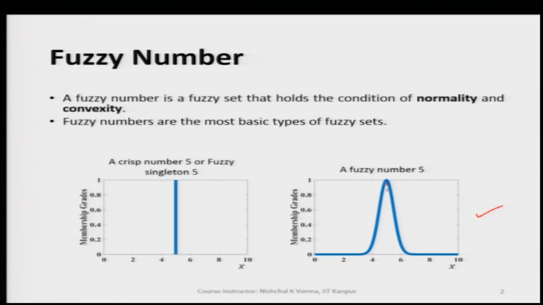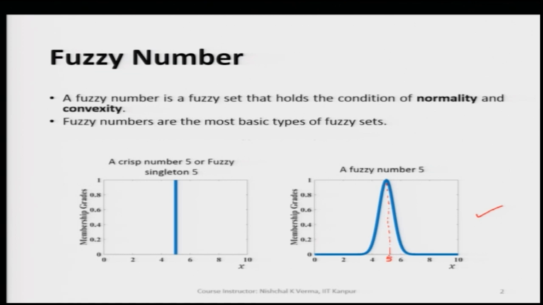We see that this fuzzy set has its highest membership value, that is 1, at 5, but around 5 we also have some membership values, and that is how this is a fuzzy number.